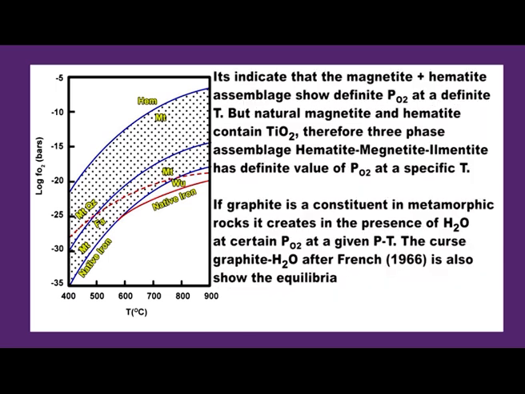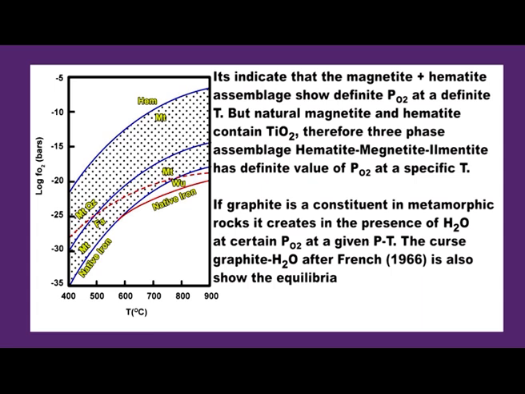From the figure, it indicates that the magnetite plus hematite assemblage shows different PO2 at different temperatures, but natural magnetite and hematite contain TiO2. Therefore, the three-phase assemblage hematite, magnetite, ilmenite has a different value of PO2 at a specific temperature.